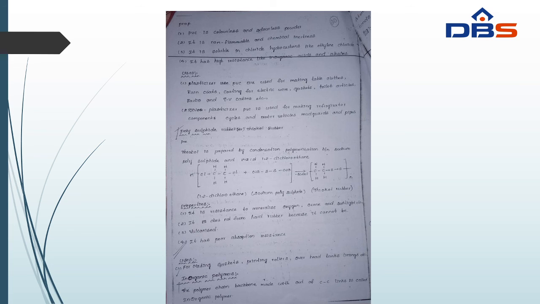Then classification of conducting polymers and their uses. Next is polysulfide rubber: preparation, properties and usage. This is the end of the polymer unit. Today we completed the third unit of polymers for second semester EC students. Over.